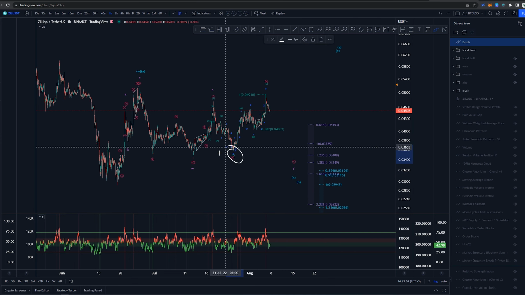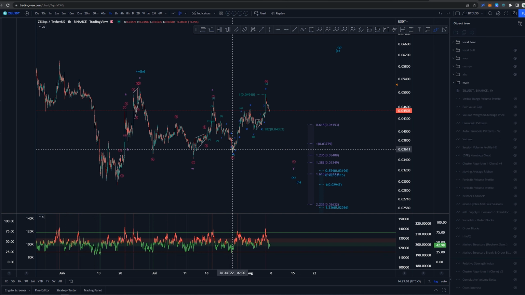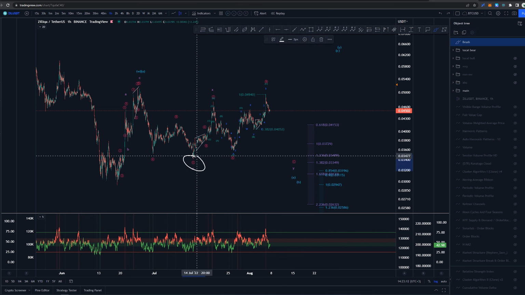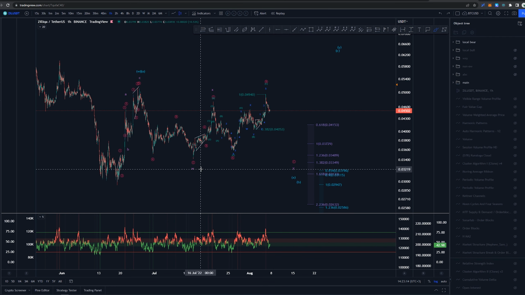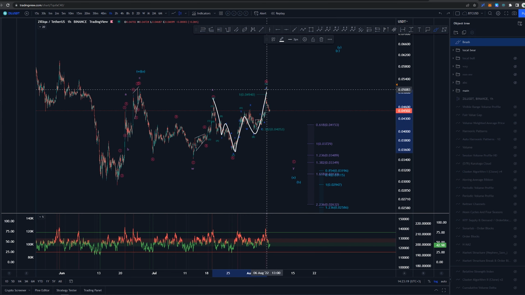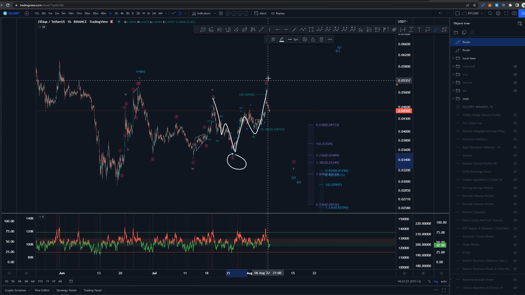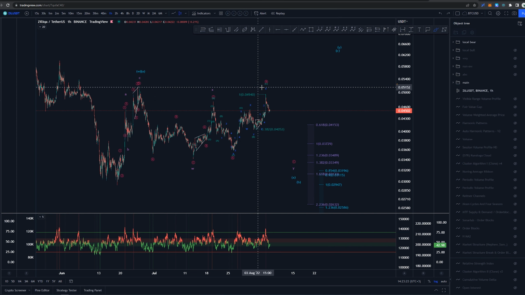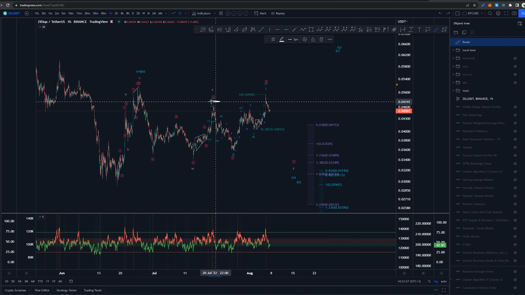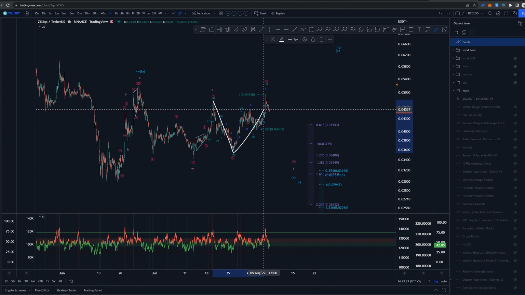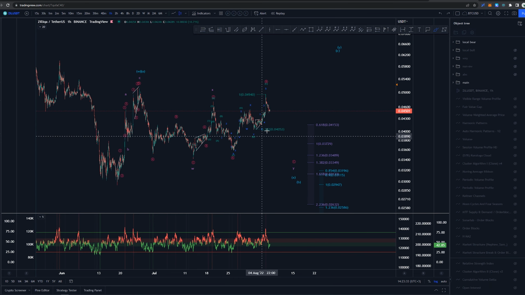Why I'm not placing wave Y down here on these lows of 26th of July is just because it has not taken out the lows of this previous W wave. So instead I'm expecting this to be a 3 wave, so A, B, the expectation of course being B because we are getting beyond the starting point here, so we are looking for an expanding flat or expander flat here.